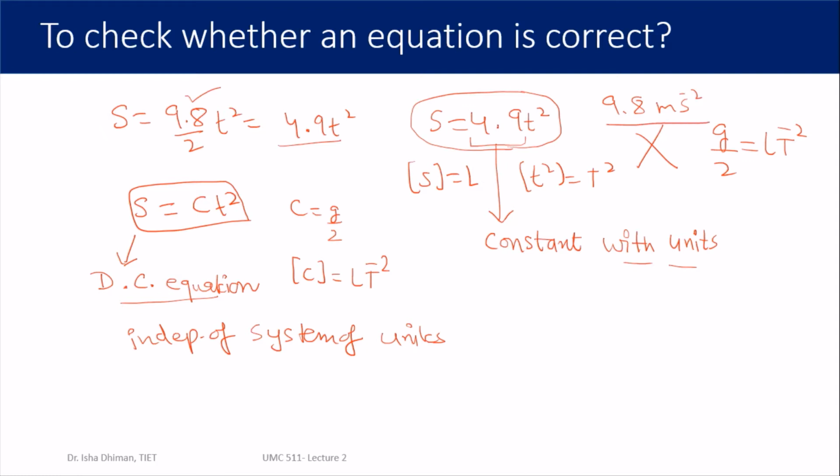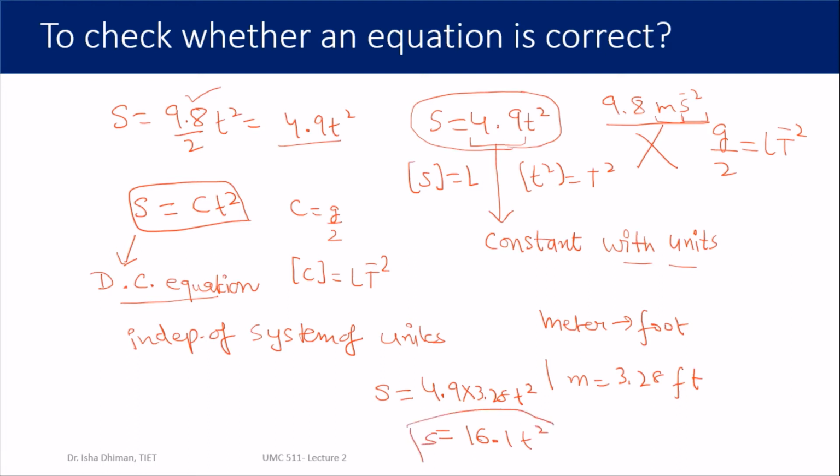That means your system of units is that length is measured in meters and time in seconds. But if I change the length unit from meter to, say, foot, then I know that 1 meter is 3.28 feet. So what's going to happen? S is going to be 4.9 into 3.28 t square, which is going to be 16.1 t square.